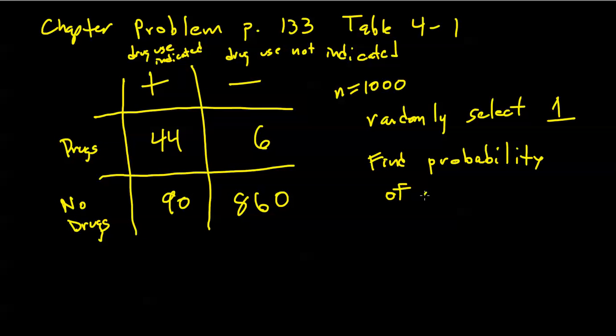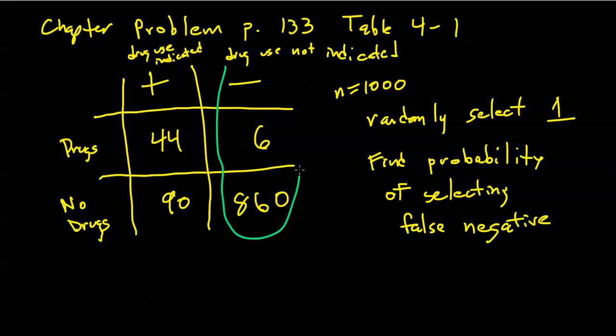Okay? And then I'm going to ask the question, find the probability of selecting what we'll call a false negative. Well, negative means the machine indicated no drug use, and false negative means that indeed there was drug use. So the negatives are in this column.